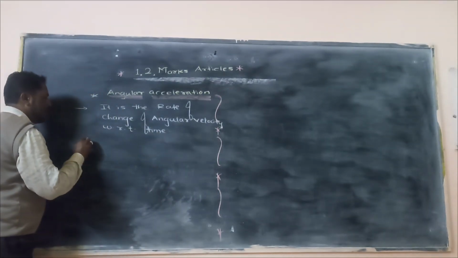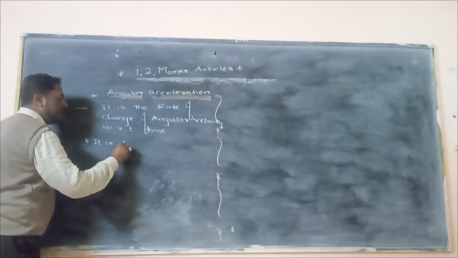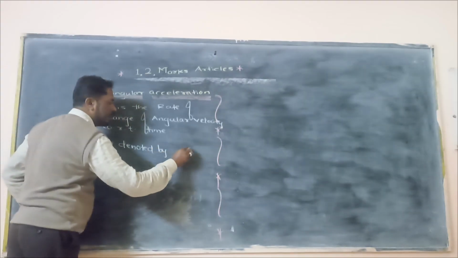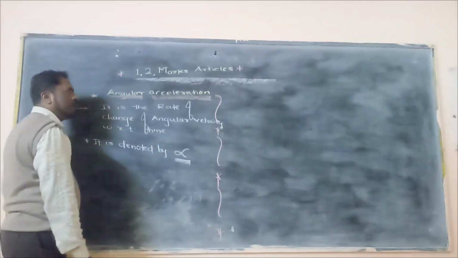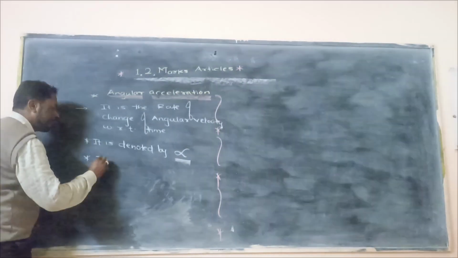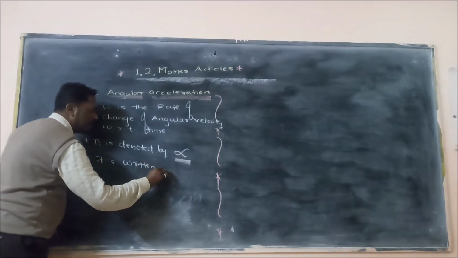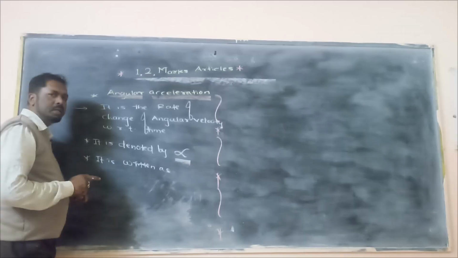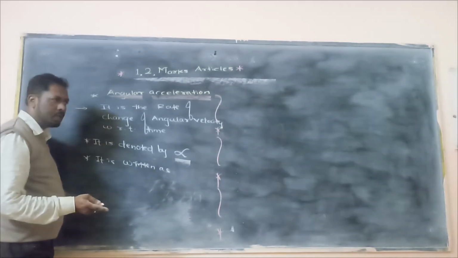It is denoted by the factor alpha. It is written in two ways, as we already saw for angular velocity, in the form of delta and also in the form of d.